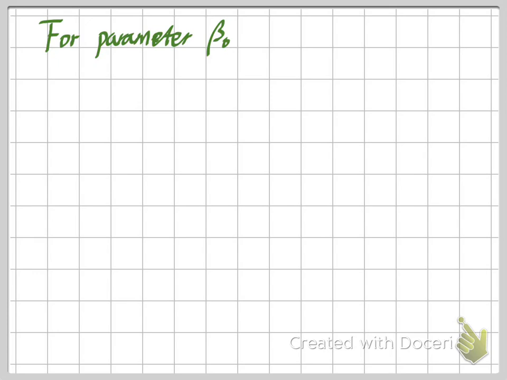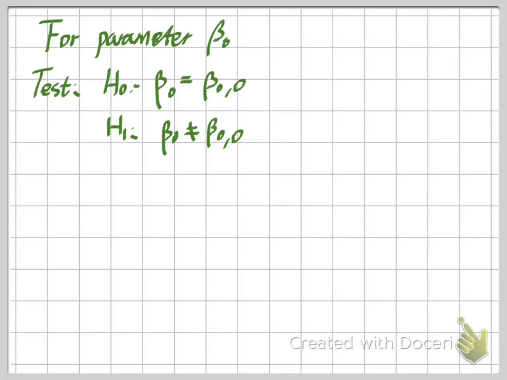We can have very similar null and alternative hypotheses, these two equations. If we test beta 0 equal to 0 as a null hypothesis and cannot reject it, then there is no linear relationship. Otherwise, if we can reject beta 0 equals 0, then there is a linear relationship.